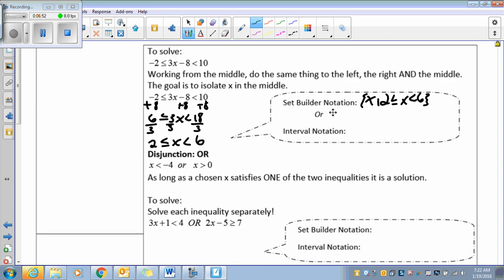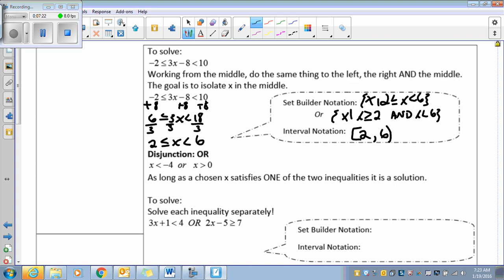Or we could write it with the "and," so we could have the set of all x such that x is greater than or equal to 2 and x is less than 6. In interval notation, we'd have a bracket because 2 is a solution, and then we'd have 6 with a parenthesis because 6 is not a solution.